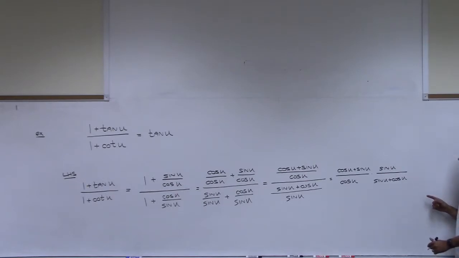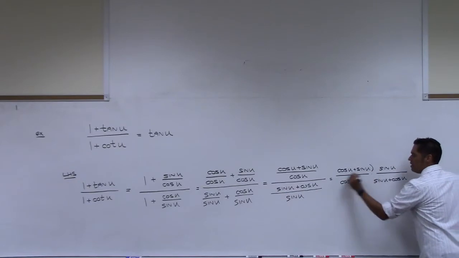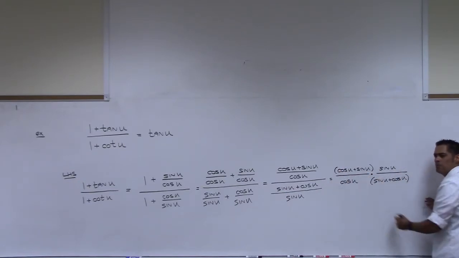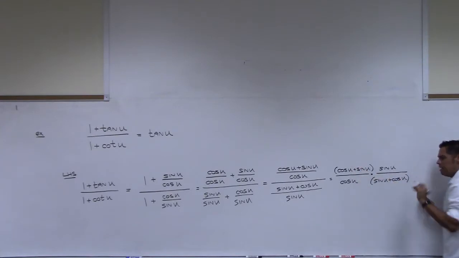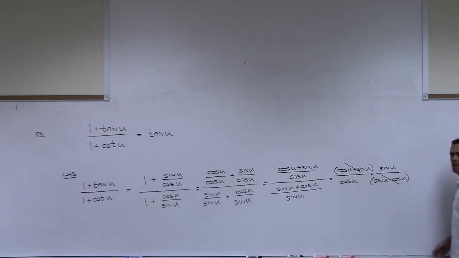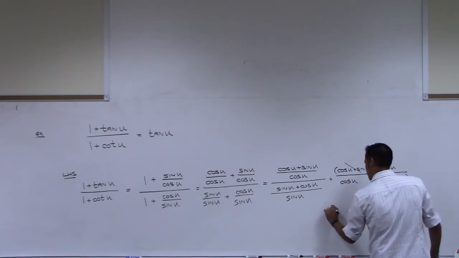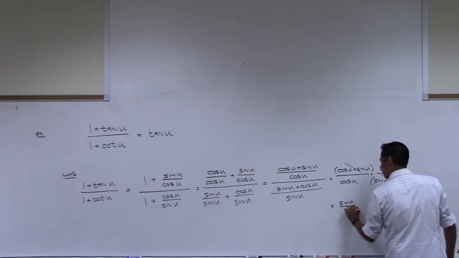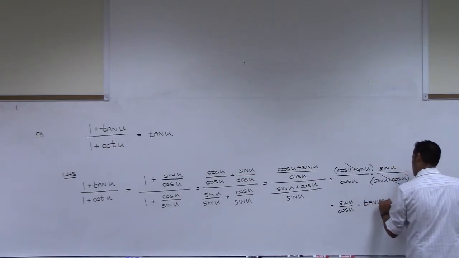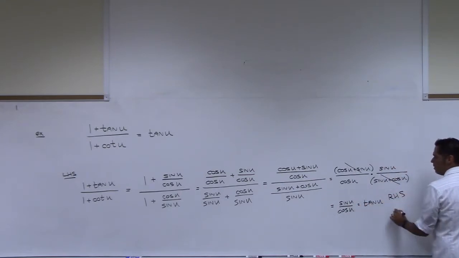This right here is its own factor, and this right here is its own factor, because they were separated by multiplication. And they're the same, even though they're in a different order. So we can cancel those. And then you have sine u over cosine u, which is tangent u. This is the right-hand side. We're done.